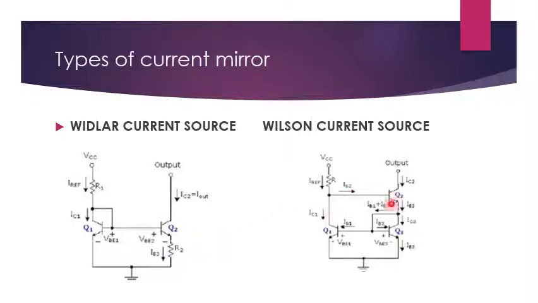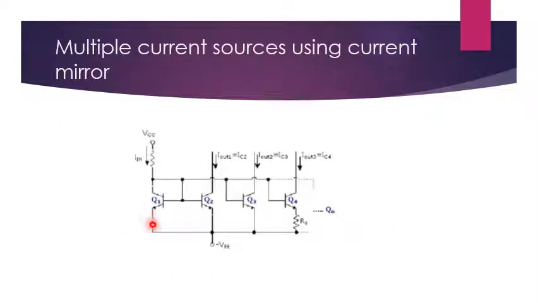Not only that, we can have n number of stages. We can replicate the reference current in one or more stages in multi-stage also. In that diagram, we connect the diode, that is base and collector, so we have replicated more here. The output current is finally equal to the reference current.